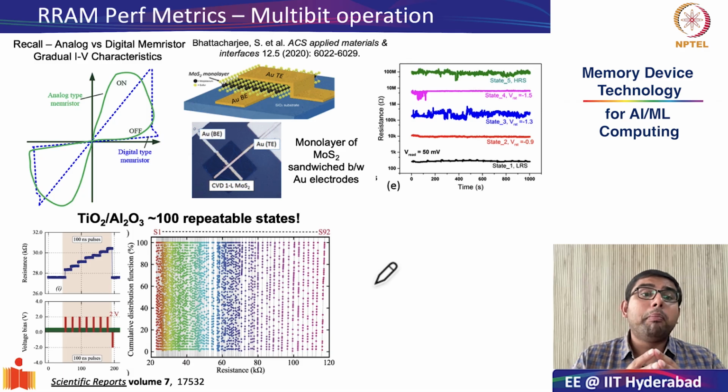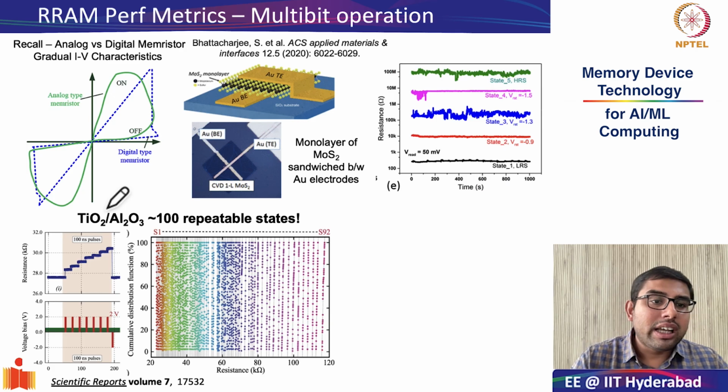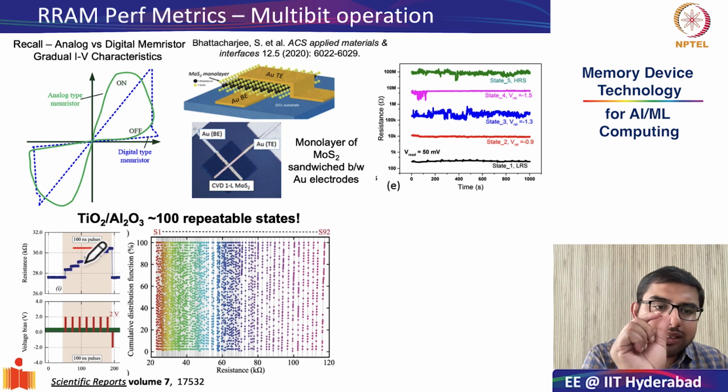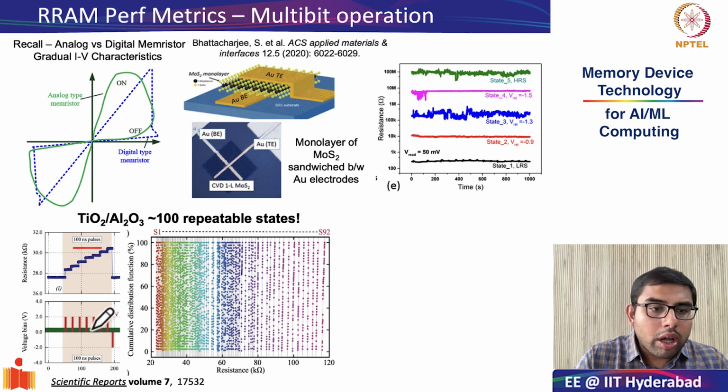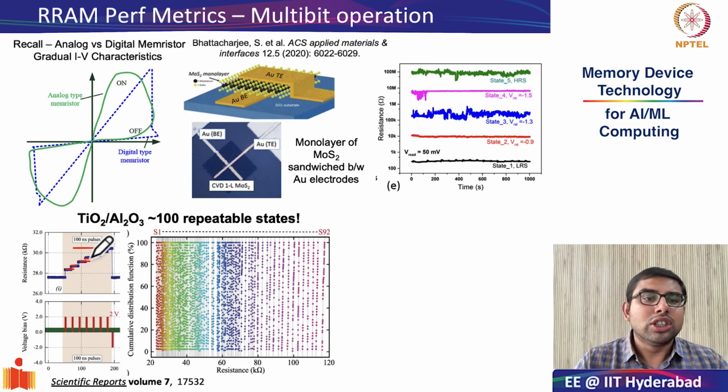However, by using binary oxide RRAMs, researchers have been able to show even better performance in terms of trying to pack many more states. And the trick is not to use DC IV sweeps but to use pulsing. As shown, by applying just 10 nanoseconds of pulsing at 2 volts, you are able to move reliably between very closely spaced states.